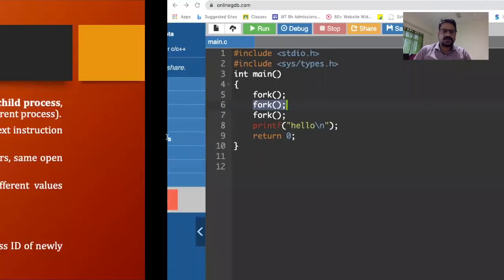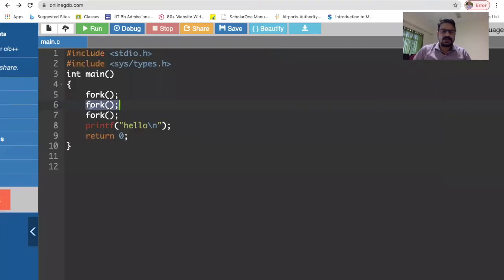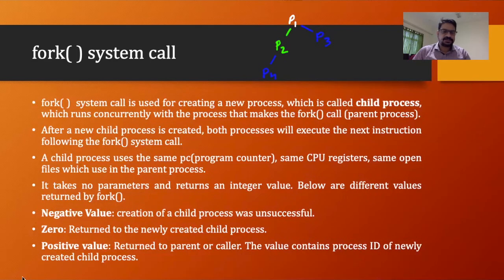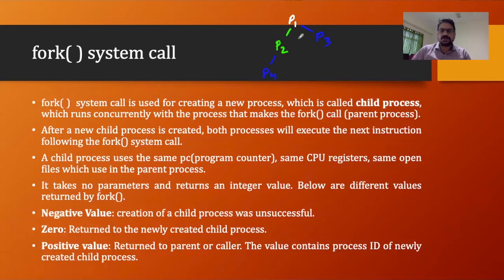Now all the processes are the same, but they cannot execute the earlier forks, so they will execute this next fork. How many processes are there now? Four processes. They will create their duplicates. P1 is creating its duplicate, P3 is creating its duplicate, P2 is also creating its duplicate, and P4 is also creating.